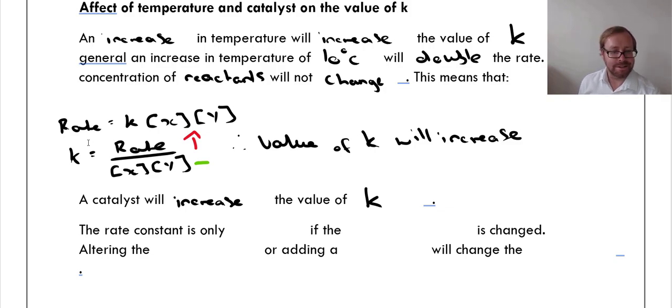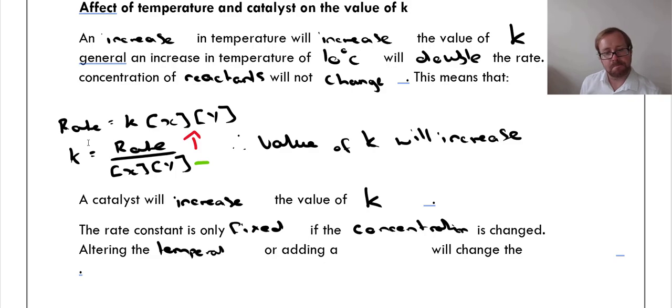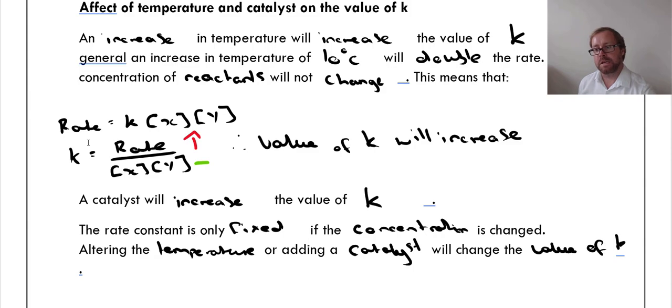So the rate constant is only fixed if the concentration of the reactants is changed. Altering the temperature or adding a catalyst will change the value of K.